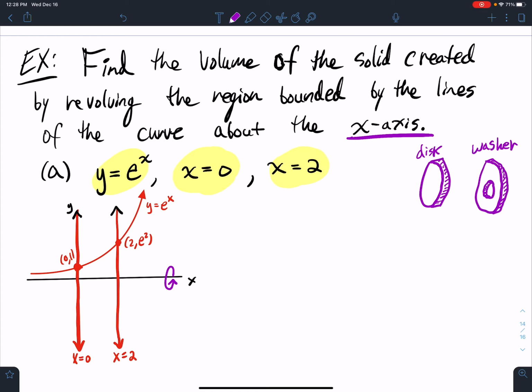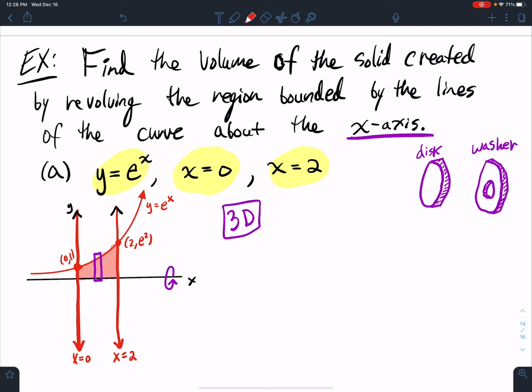Both have rectangles that are perpendicular to the actual axis that you're revolving about. So what does this look like? The 3D picture of this shape, when we rotate that curve, the bounded region is actually this region right here.